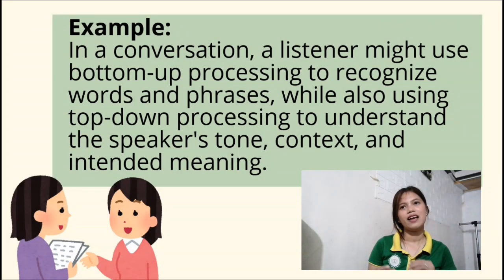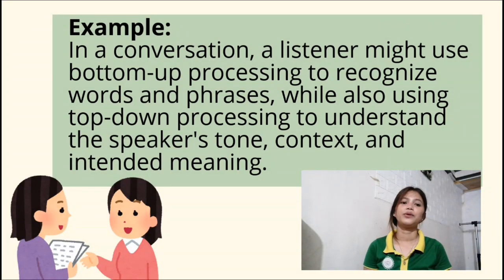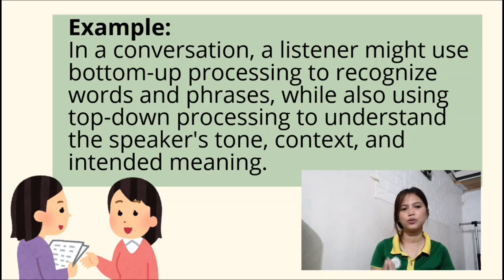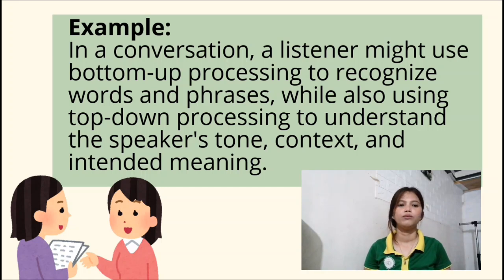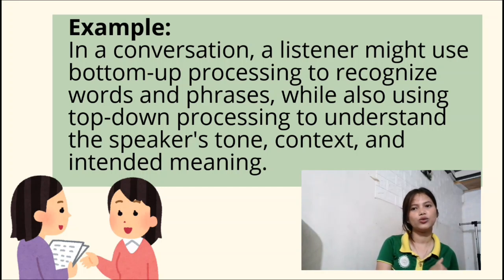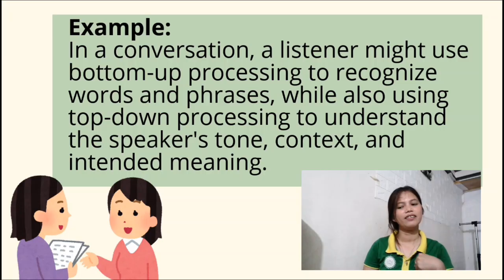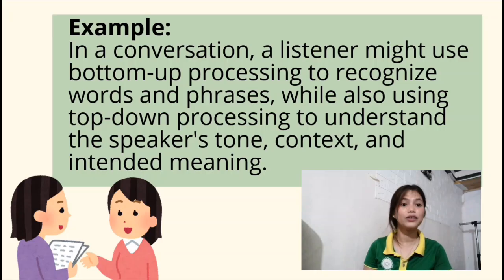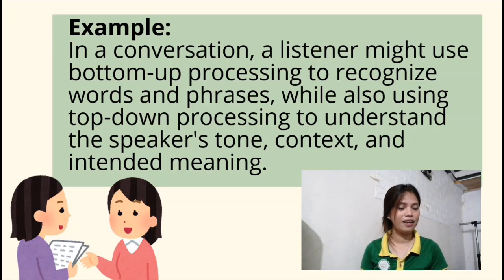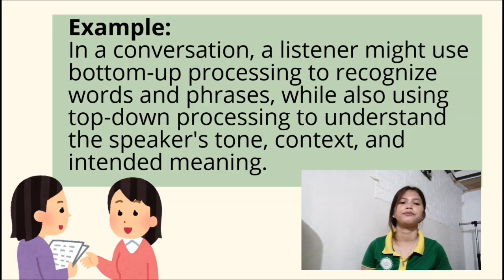For instance, a student listens to a classmate's presentation about their favorite hobby, and as they listen, they take notes, and later on ask questions that show interest in their hobby, and encourage their classmates to elaborate.